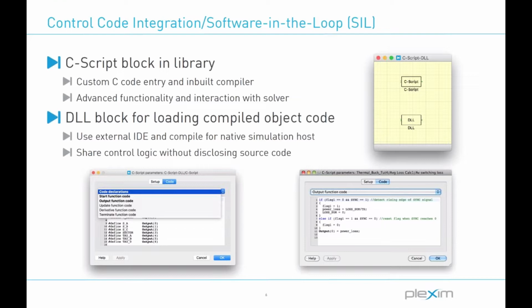You can directly add C code into the simulation using a built-in C-Script block within the library. You can also use a DLL block, where you can compile an existing algorithm into a DLL, which can then be added into the simulation with a fixed step size.